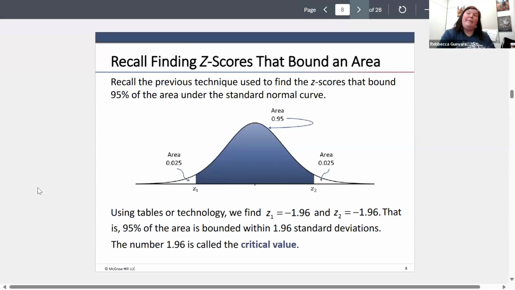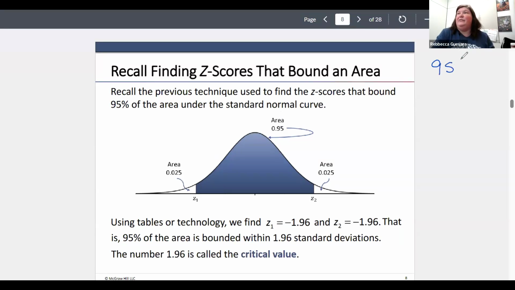Okay, so back to finding this margin of error. So if I want to find my margin of error, and like I said, we have, say, 95% level of confidence.